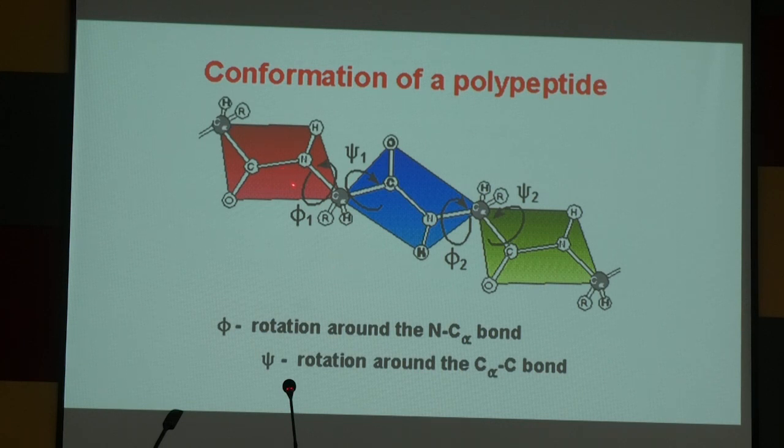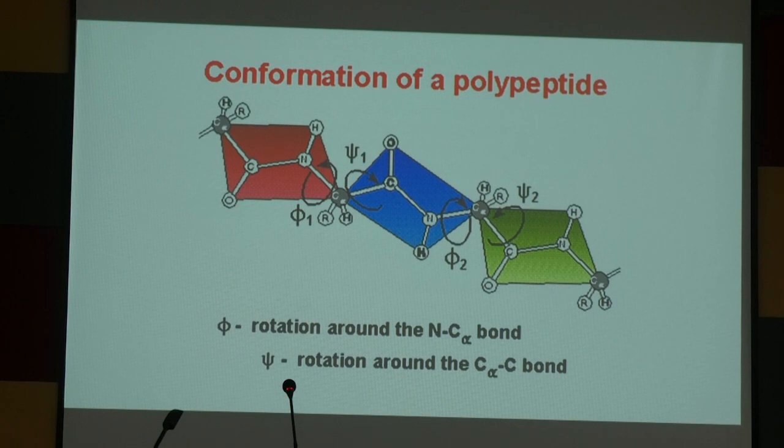So here we can see that the arrow is shown here. What is this bond? N C alpha. So this bond can rotate, but not this peptide bond. Here also we can see this bond, C alpha C. This bond can also rotate.